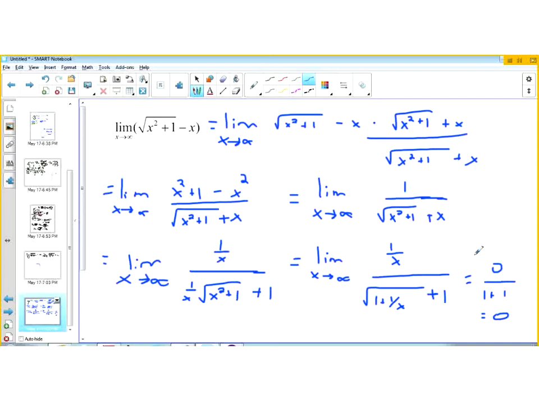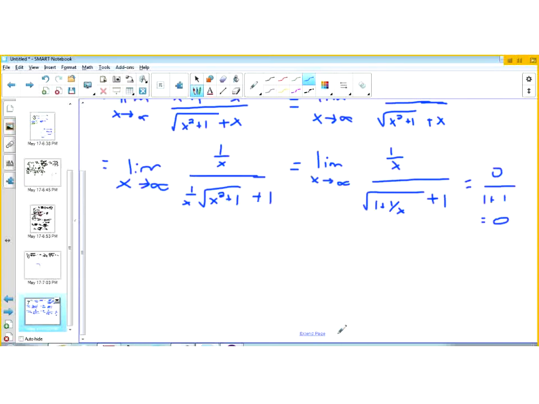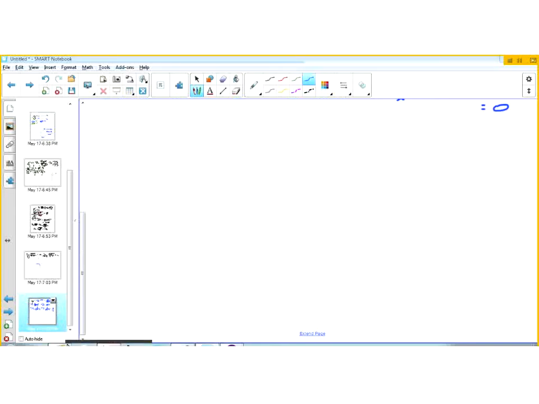Okay, and to show you that we're not subtracting two infinities, although it looks like it, we can examine the graph. So let's look at the graph of this function.